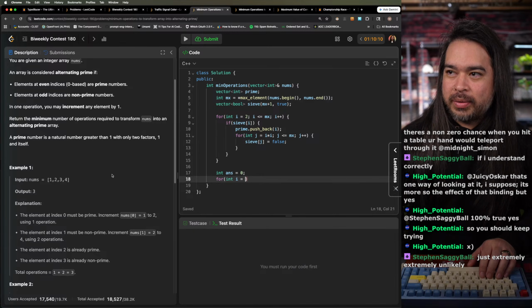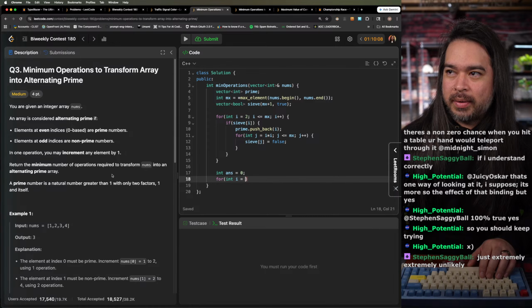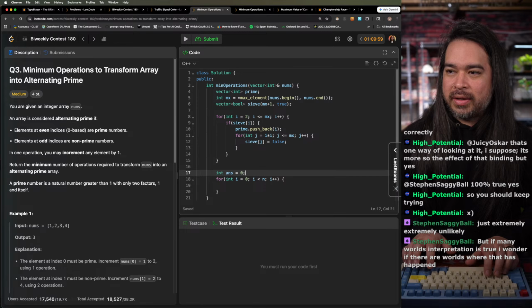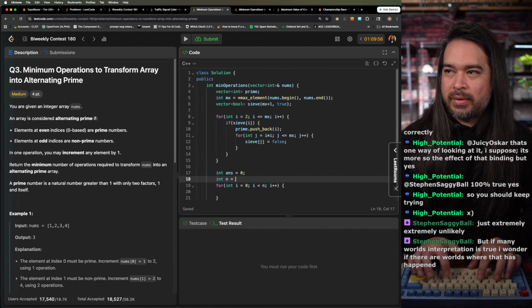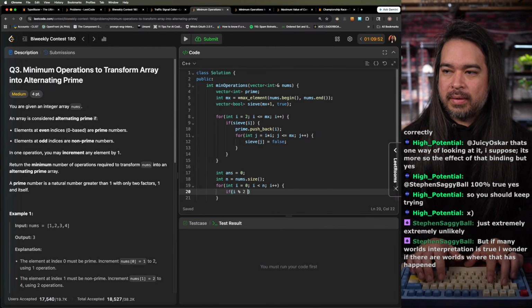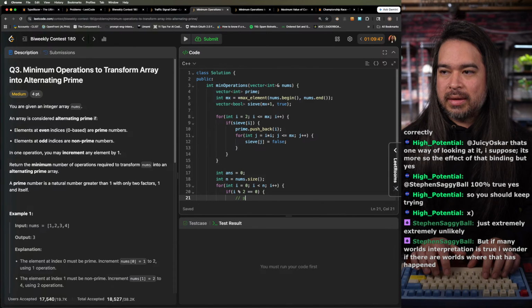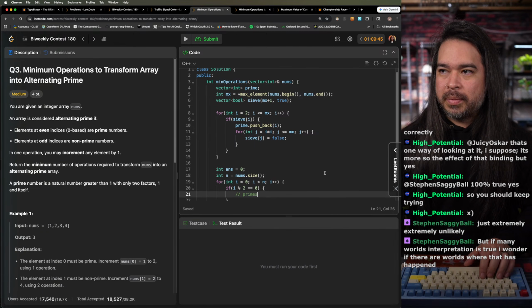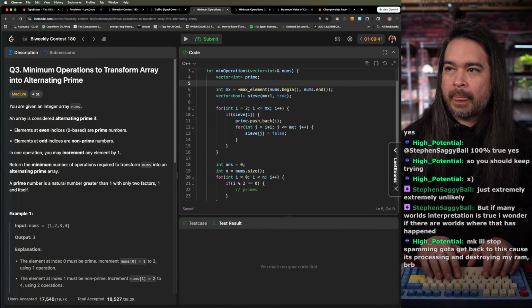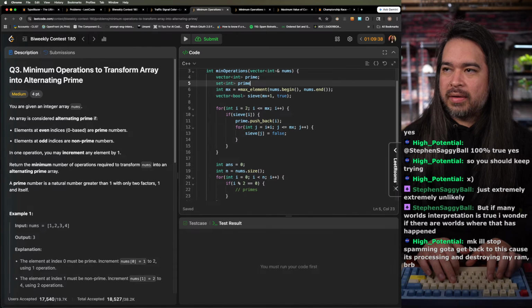What am I trying to do? What was I doing last? I was about to iterate over all the elements in nums and then trying to find whether or not we need to do anything. So let's say at even indices, this is supposed to be a prime number. So maybe I also have a set of the primes.